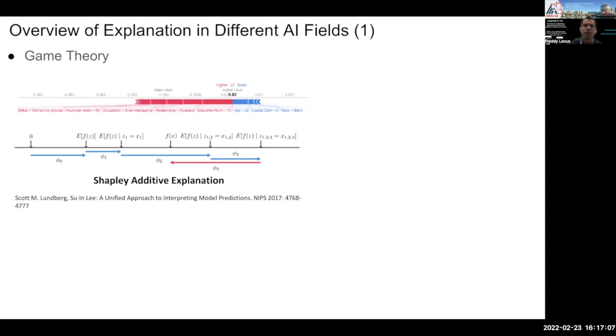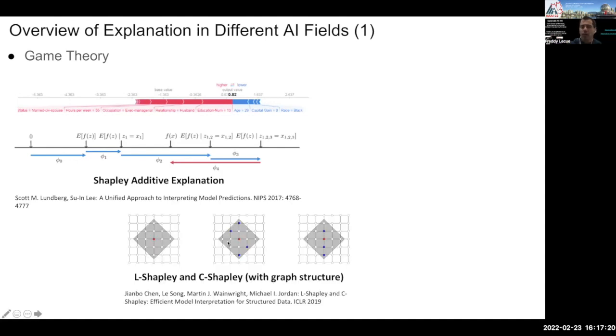Shapley techniques are probably some of the most well-known and most used techniques for explanation in the machine learning context, but they come from a game theory perspective. There are extensions depending on the structural constraints of the data that you have, and they come up with different techniques.